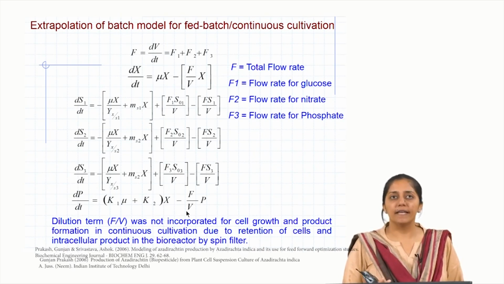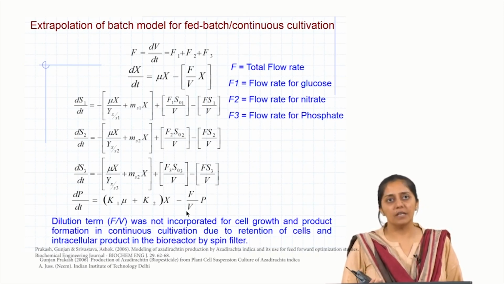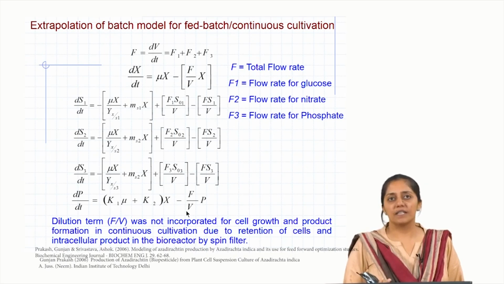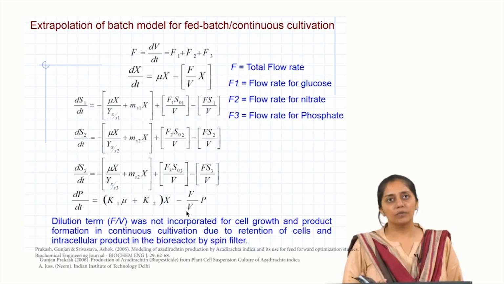They did the feeding of all the three critical nutrients, and this was a constant feed rate strategy. As done in the batch model, they defined the substrate utilization rates for all the three critical substrates and the product formation rates. Now, being a fed batch cultivation, the dilution terms were added to the model.